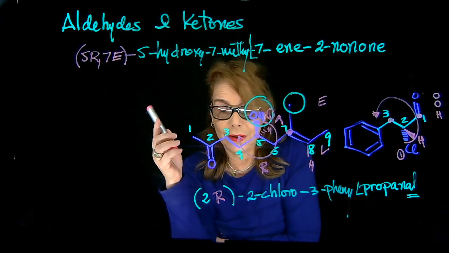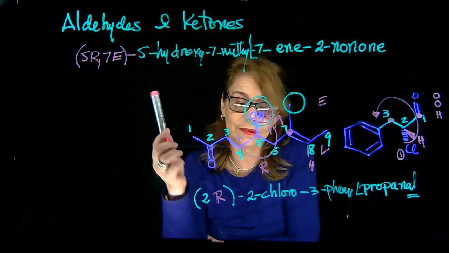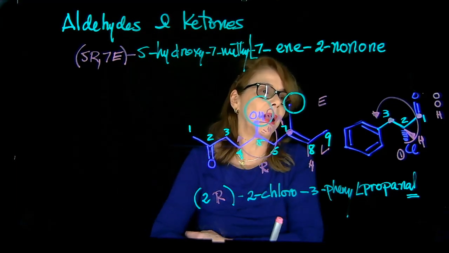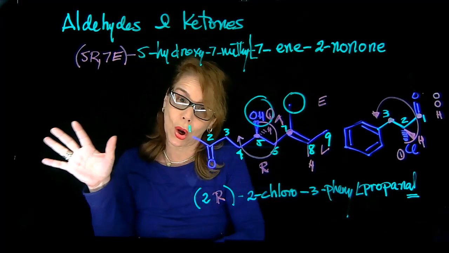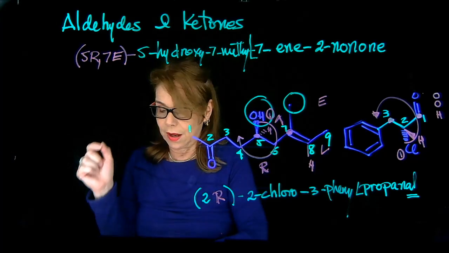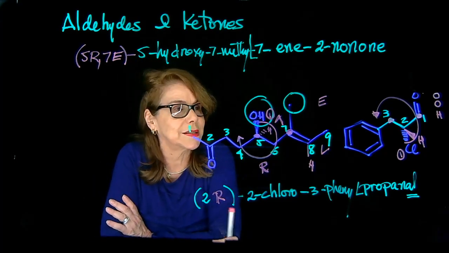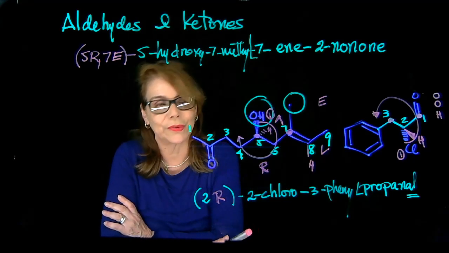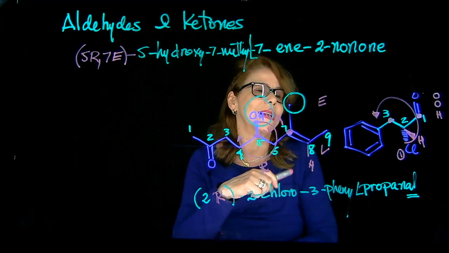Now, there is a comprehensive list of all the group priorities in the IUPAC. You can find that. But at least as a rule of thumb, as I mentioned before, a more oxidized functional carbon, for example, carboxylic acid, will have higher priority over aldehydes and ketones. And aldehydes and ketones higher priority over alcohols. And that higher priority over alkenes and alkynes.